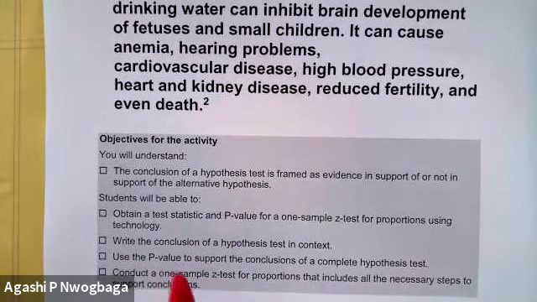Students will be able to obtain a test statistic and p-value for a one sample z-test for proportions using technology. Write the conclusion of the hypothesis test in context. Use the p-value to support the conclusions of a complete hypothesis test. And finally, conduct a one sample z-test for proportions that includes all the necessary steps to support conclusions.